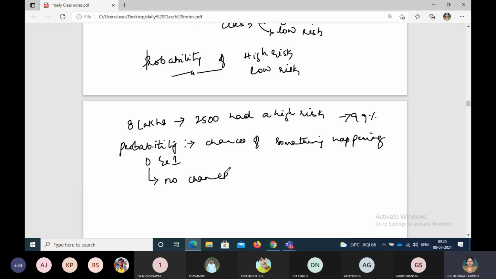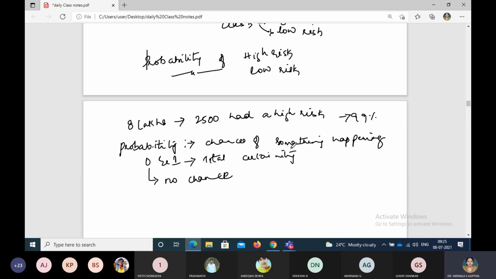Okay. Then if the probability is 1, it represents total certainty.